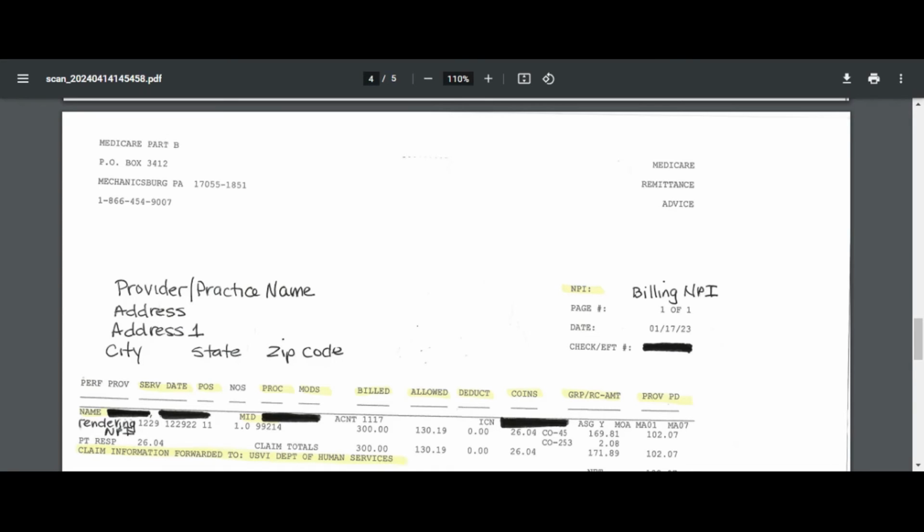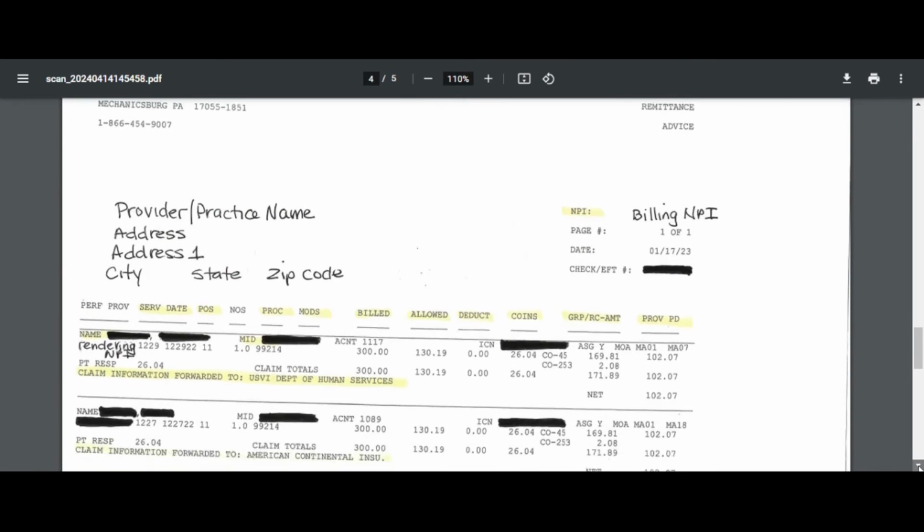Again, the provider practice name is the billing provider, so it could be the practice or it can be an actual provider. You have the NPI, which is the billing NPI, the number of pages or the page number, the date, and the check or EFT number.